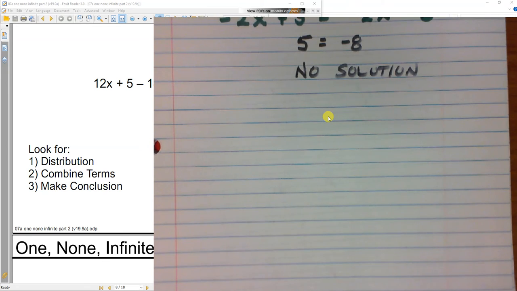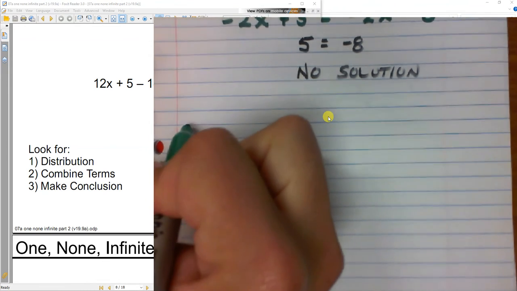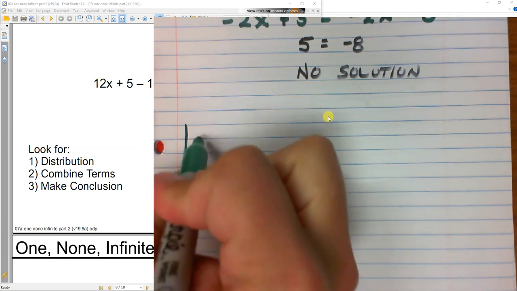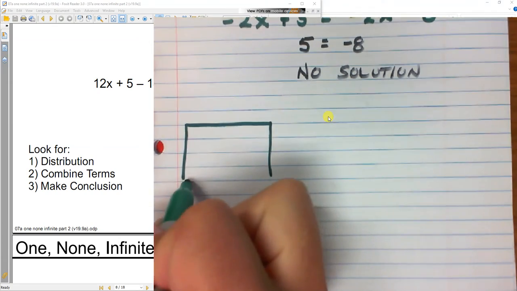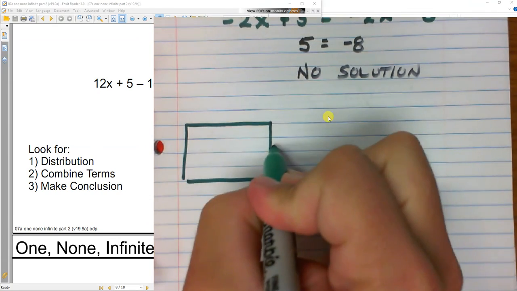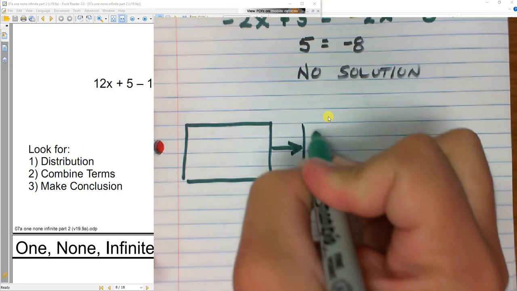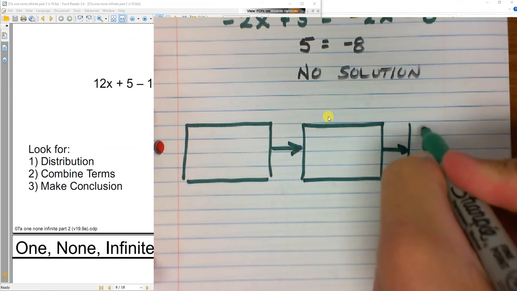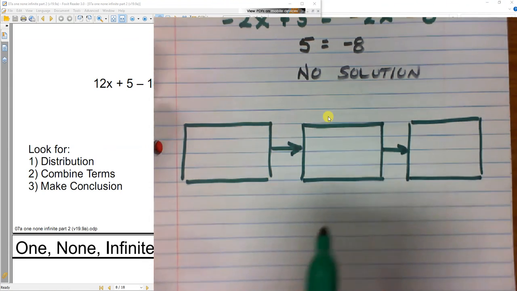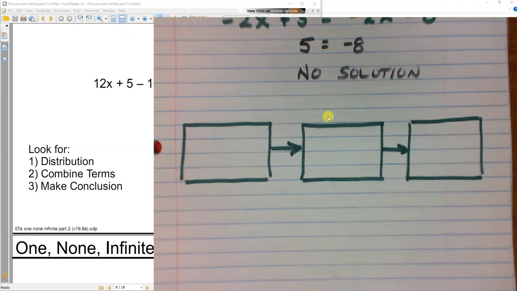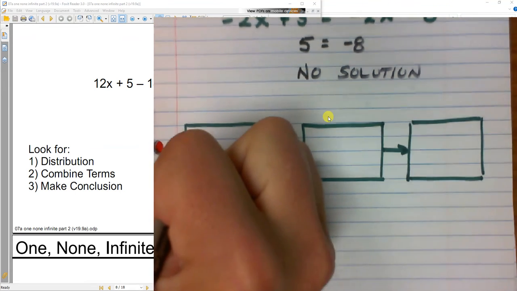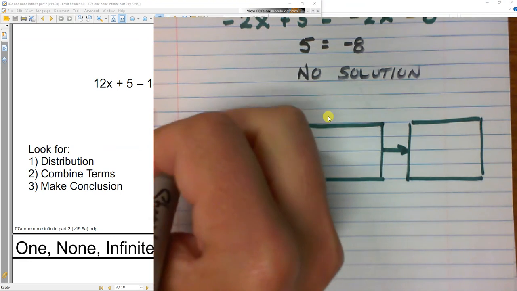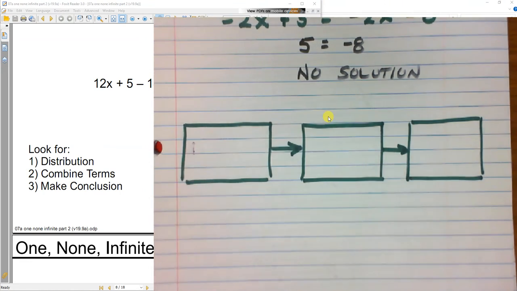Here are our steps. We'll do this one as a thinking map, a flow map. Distribute. Well, that marker does not want to be in my life anymore.